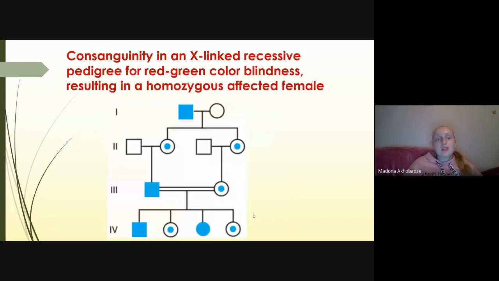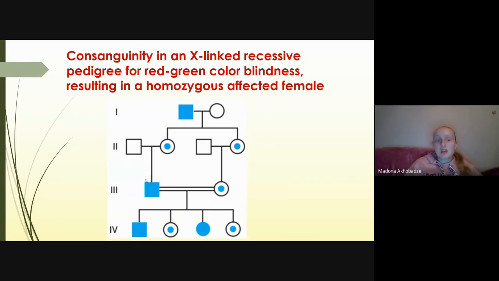So, consanguinity: this is an X-linked recessive pedigree for red-green color blindness, resulting in homozygous affected females. So why could the females be homozygous? Because of the consanguinity. Like you see, the male only gave it to healthy sons and carrier daughters. So why the affected female here?